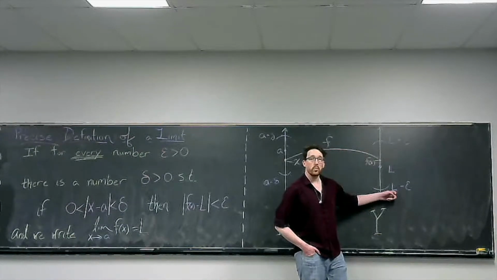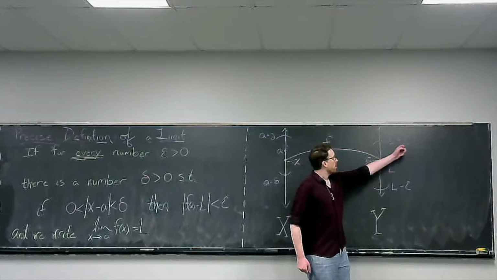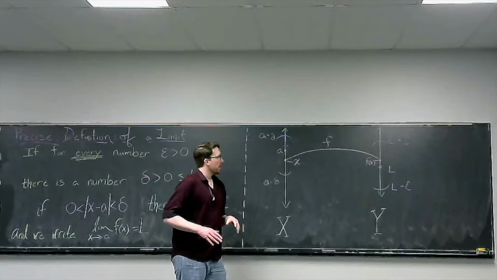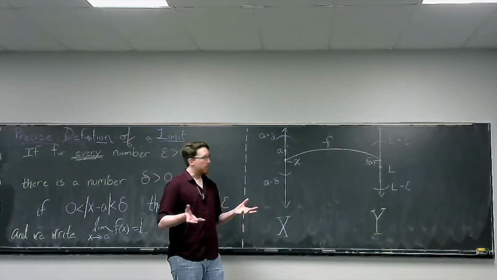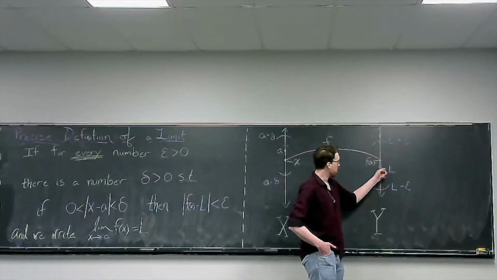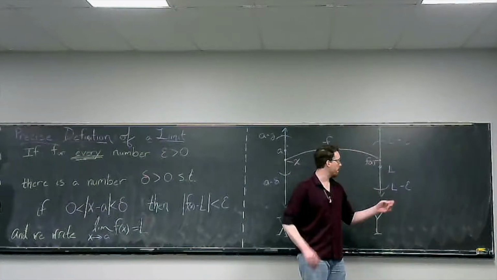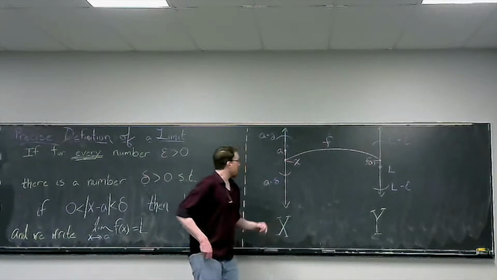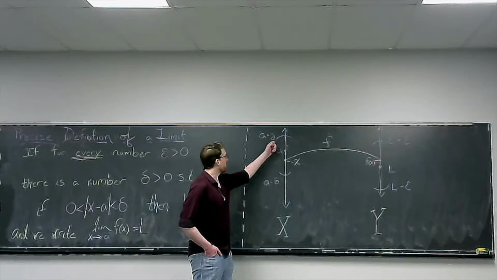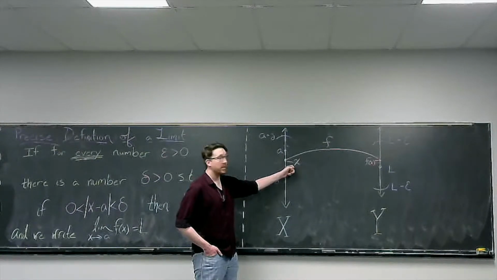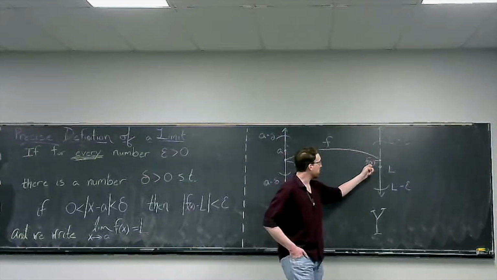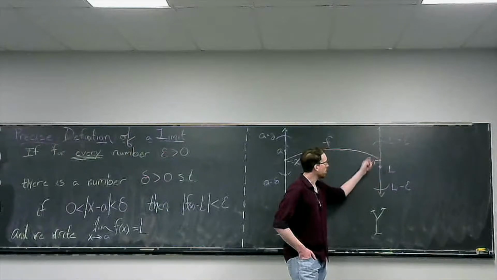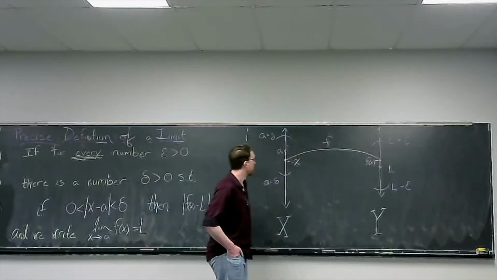What we're trying to do with this definition is show that we can pick any of these epsilons arbitrarily, and form this so-called epsilon ball around L, so any interval from L minus epsilon to L plus epsilon. And we can find a corresponding delta value such that if we pull an x out of this delta ball, we're always going to find a value inside of this epsilon ball centered on L.